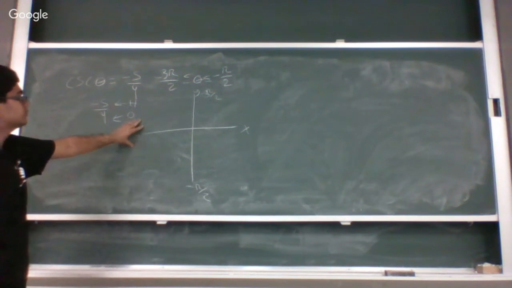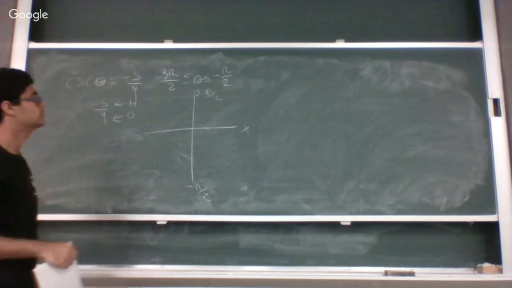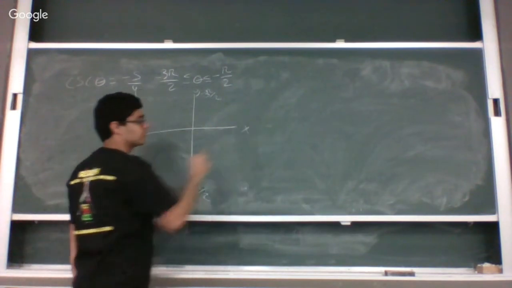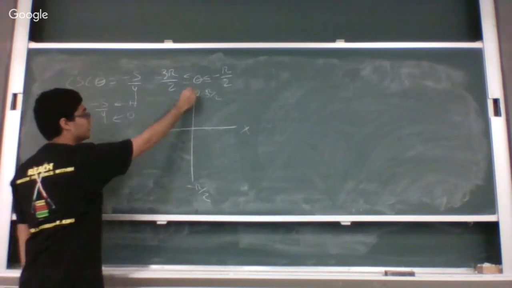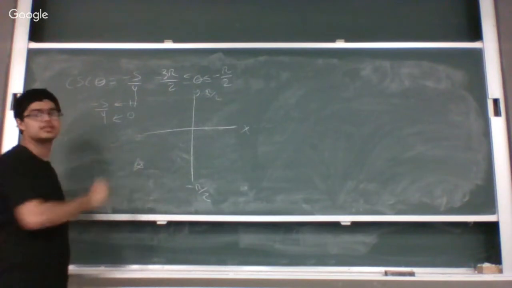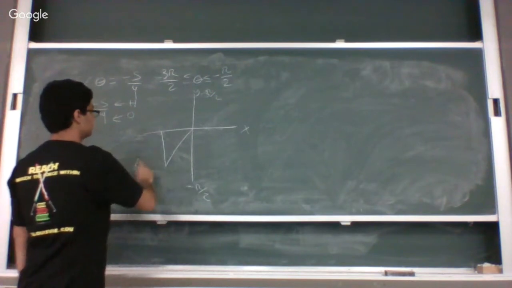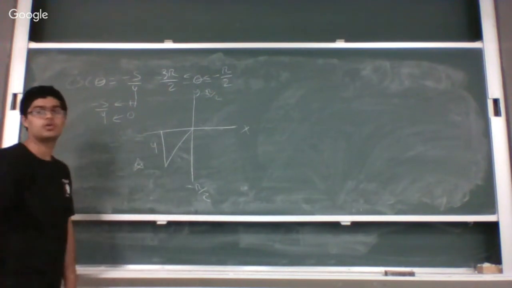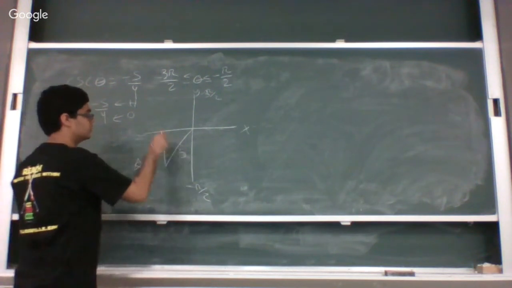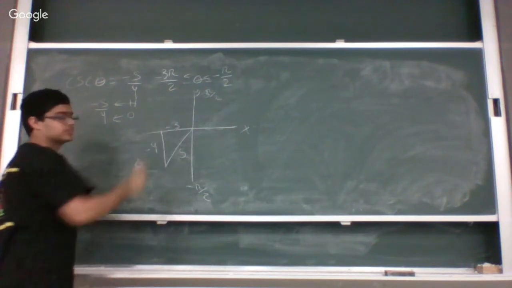So we know it has to be in the third quadrant. We know it was below the x-axis, and now we know it has to be to the left of the y-axis, so it has to be on this part. If we draw a triangle, we know this has to be a -4, this is a 5, and since it's on the left side of the y-axis, this is a -3.